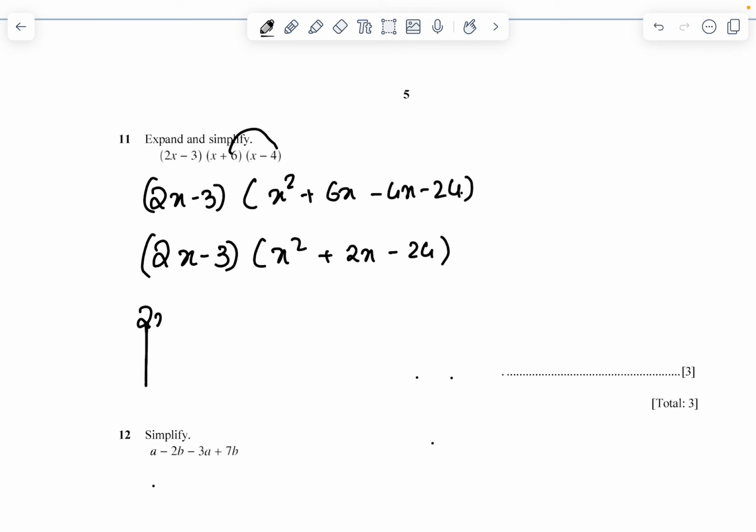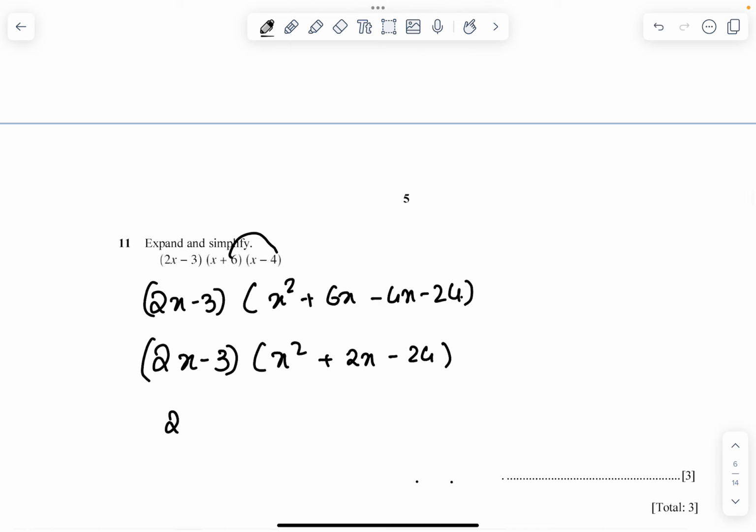Then multiply further, 2x cubed plus 4x squared minus 48x minus 3x squared minus 6x plus 72.